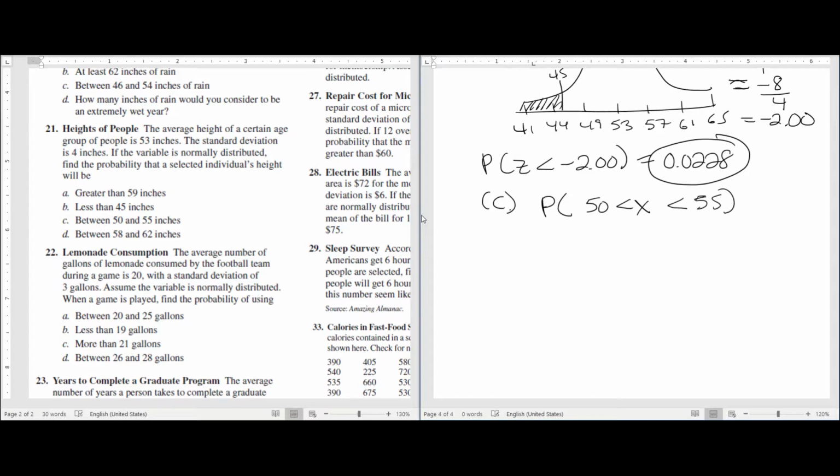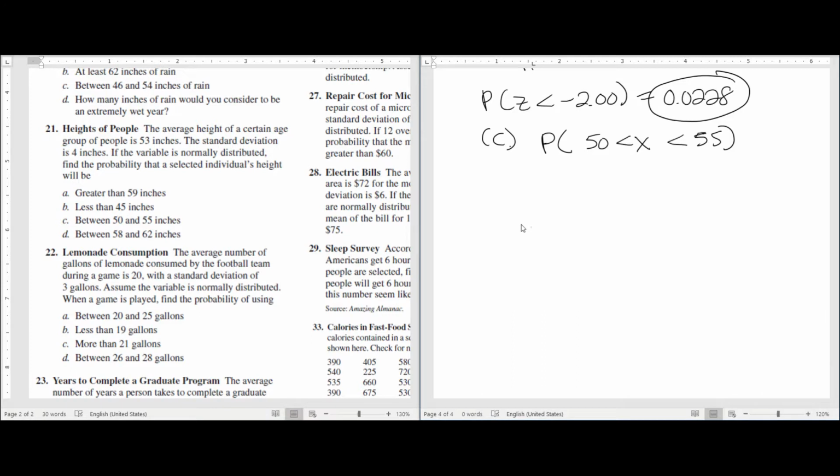Okay. So again, I'm going to draw it out, show my work. We want it between 50 and 55. All right, so we're going to calculate that. So we have 2 z-scores to calculate.